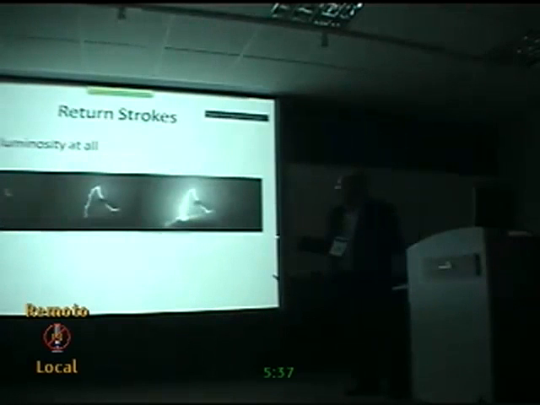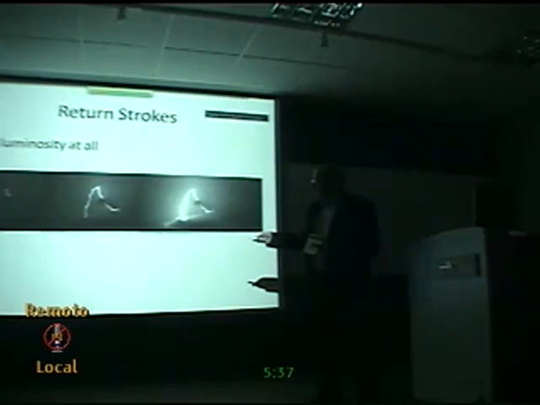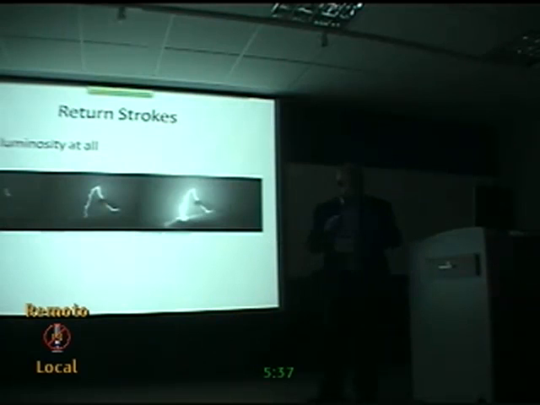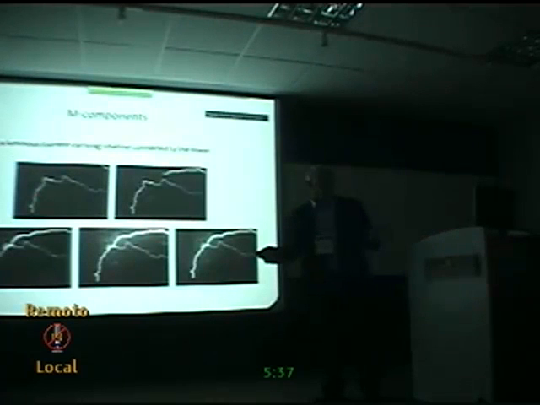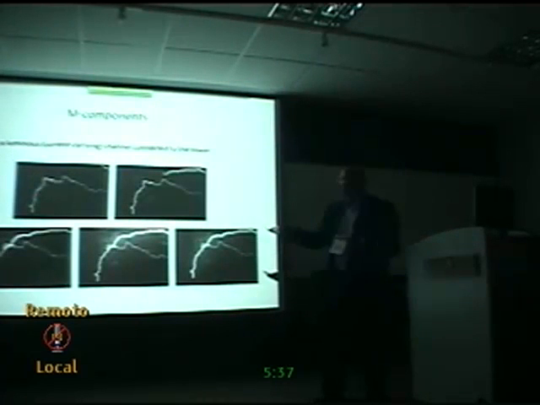When it does the same thing, but the previous channel is completely dark, no current at all, then we call this a return stroke. But there are some transitions from one to another. So sometimes this channel can be so faint, but it's still there, and then what do you see? Is this an M component, or is it a return stroke?